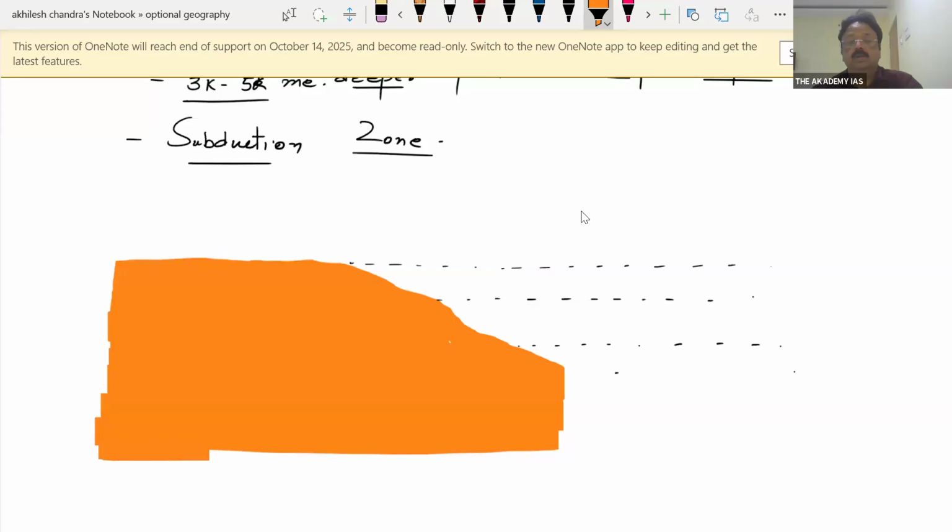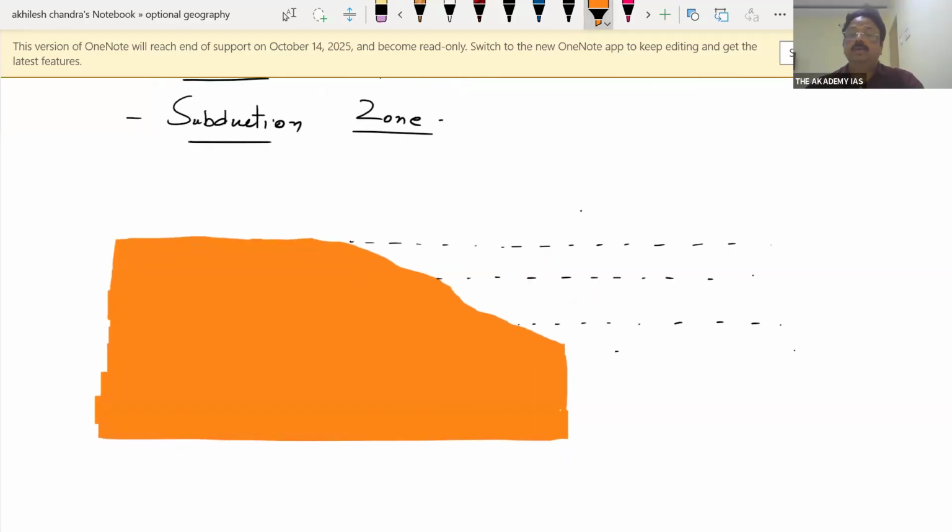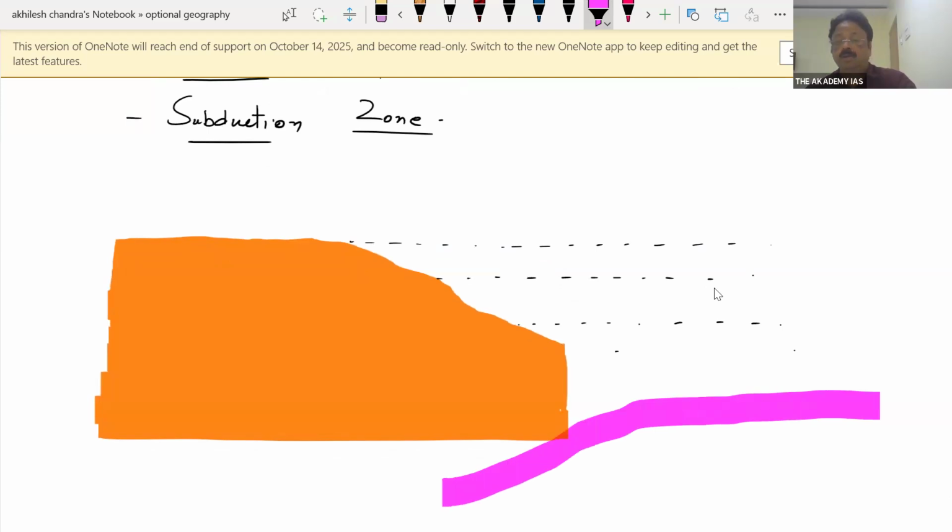This is the continent, and here is the ocean. Ocean floor subducts below the continent.